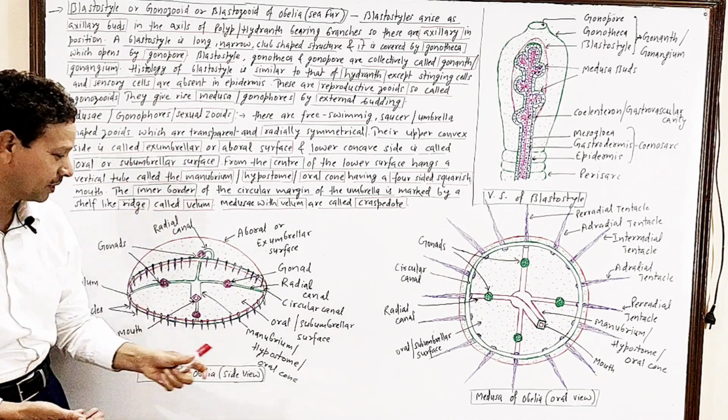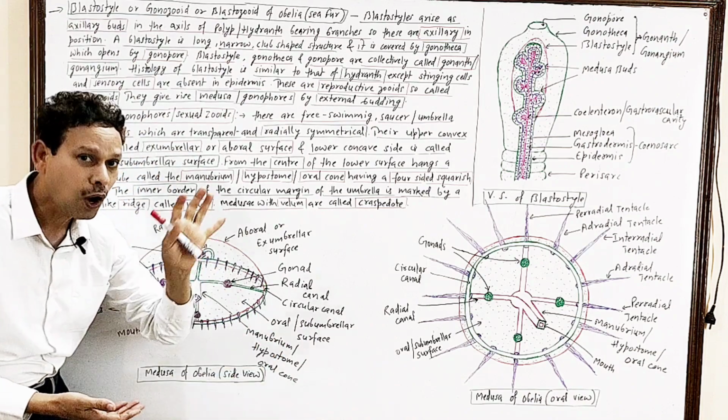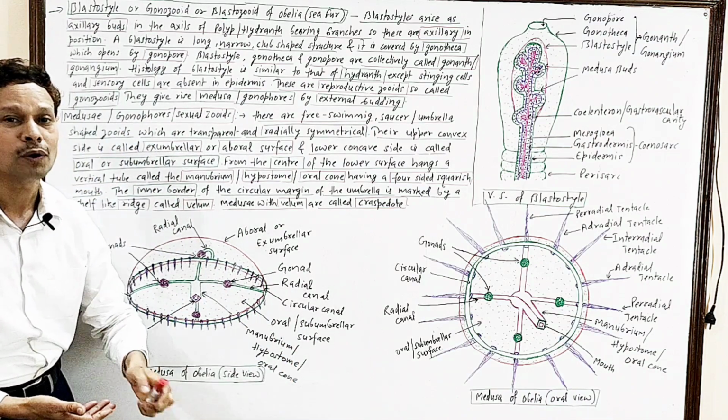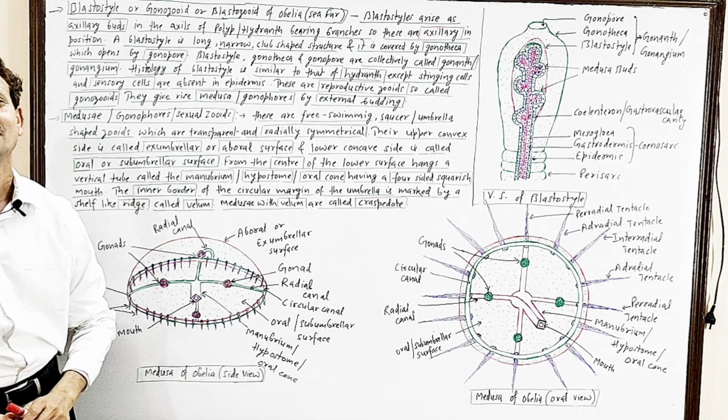It is named manubrium, also named hypostome, or oral cone.